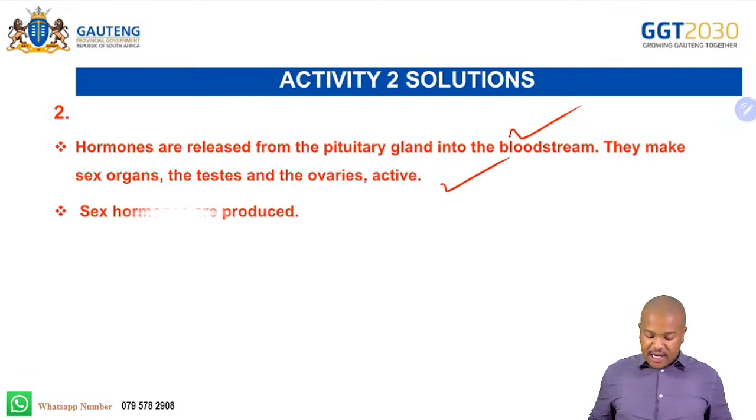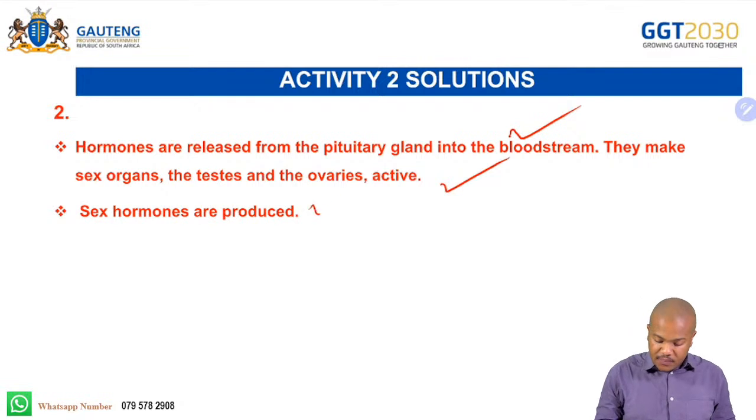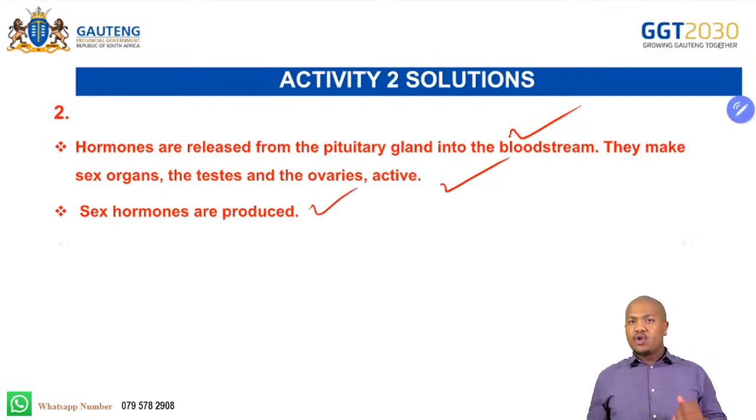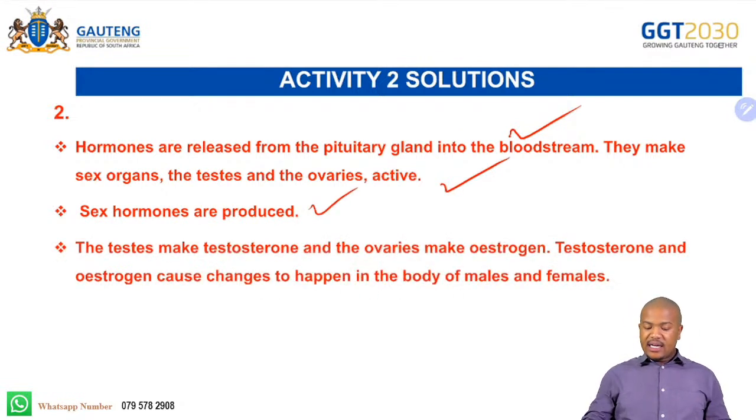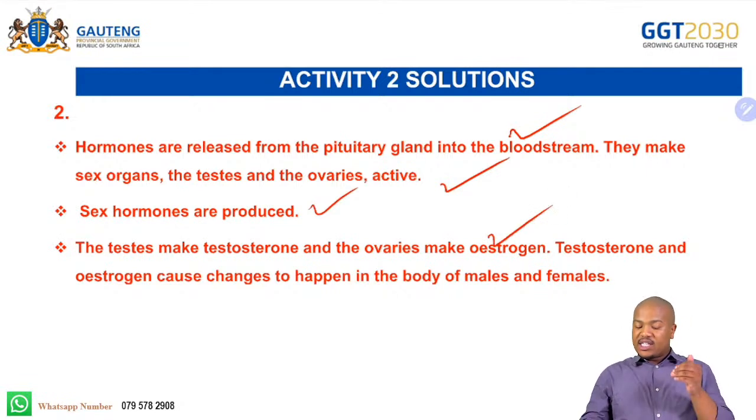Second explanation, we said that sex hormones are produced. The testes make testosterone and the ovaries make estrogen, and the testosterone and estrogen cause changes to happen in the body of males and females.